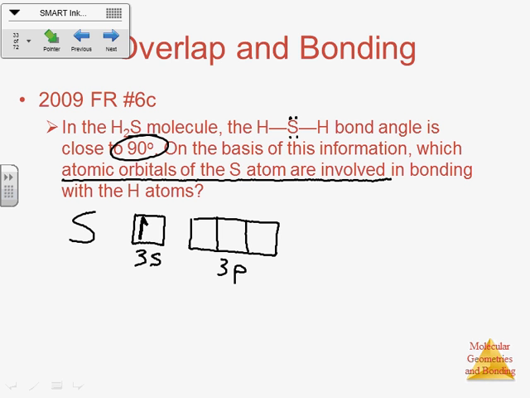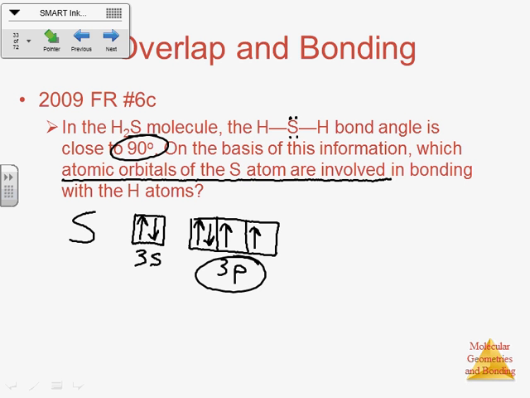The 3s orbital is full, and in the 3p you've got 1, 2, 3, 4 electrons in sulfur. So there are 2 places here where the orbitals are unfilled. It just makes sense that if it bonds with hydrogen atoms, the bonding is going to take place in the 3p orbitals.